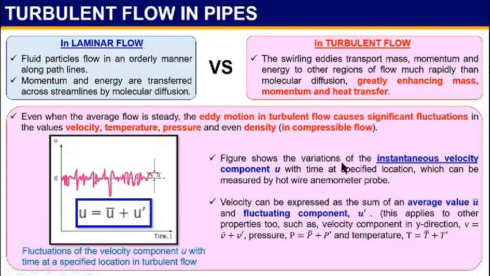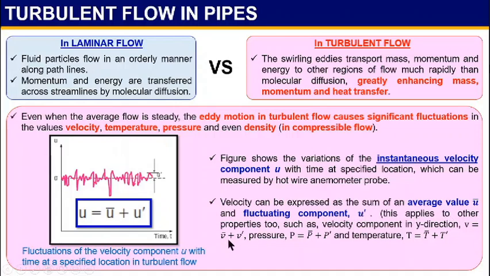The figure shows the variation of the instantaneous velocity component u with time at a specified location, which can be measured by a hot wire anemometer probe. Velocity can be expressed as the sum of an average value and a fluctuating component.